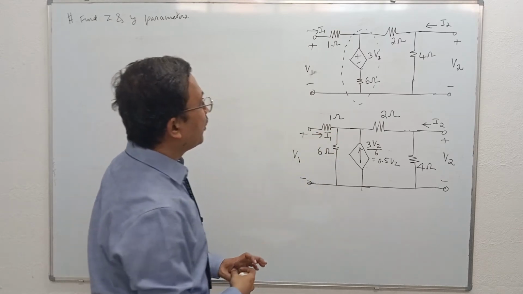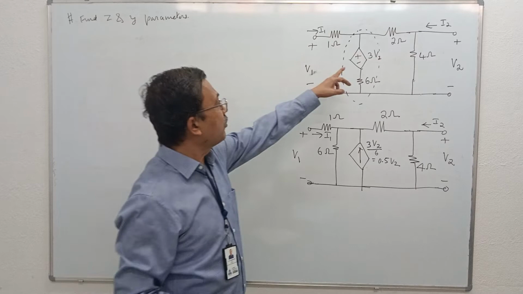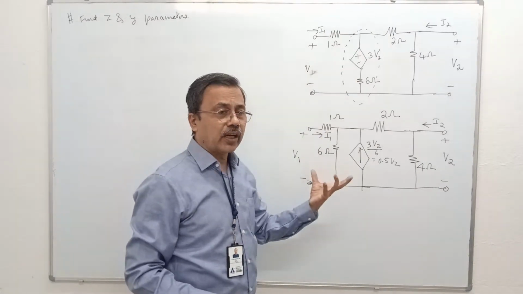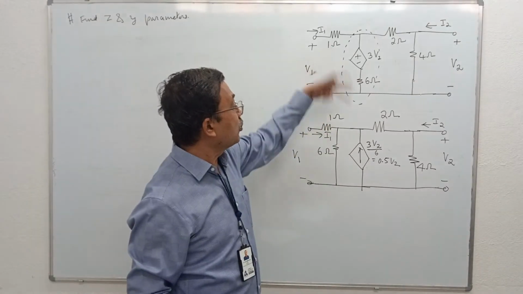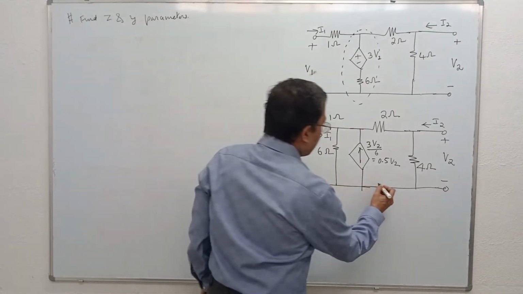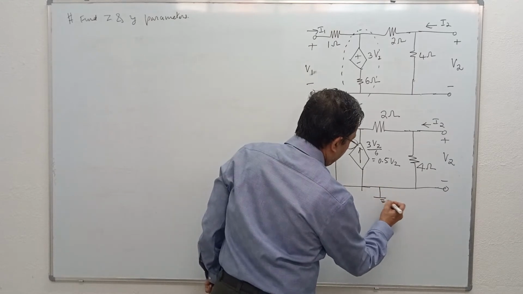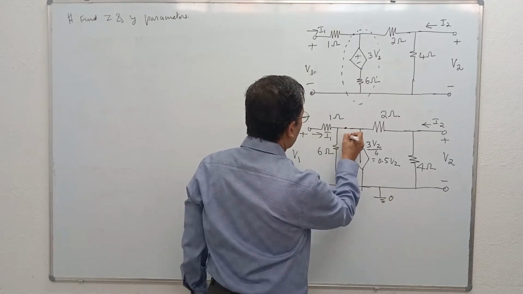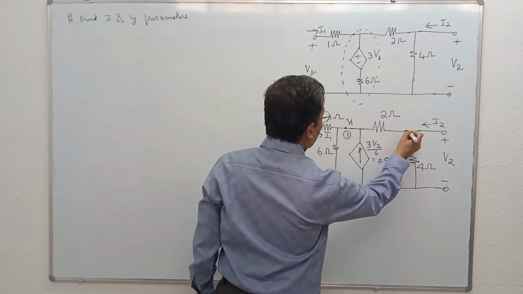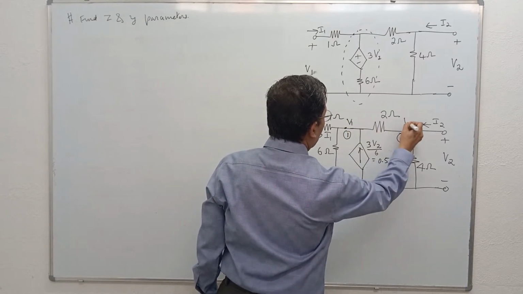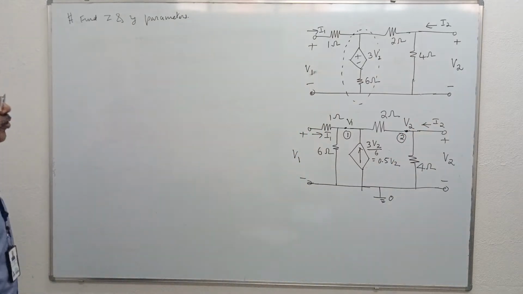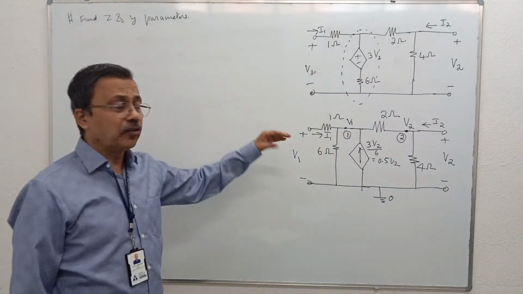So what we have done is converted this dependent voltage source into a current source using the voltage to current source transformation. This is the reference node. This is node number 1, potential of node 1 is V1. This is node number 2, potential of node 2 is V2. Once you do source transformation, this problem is fairly simple.